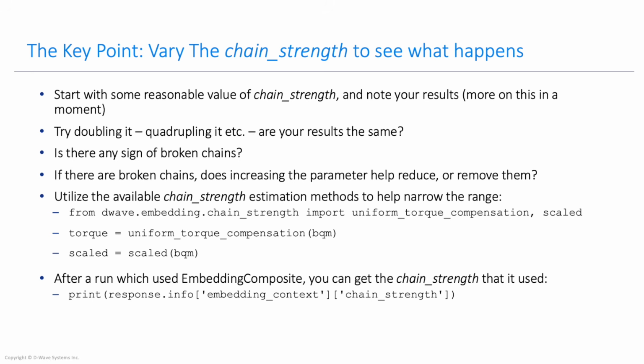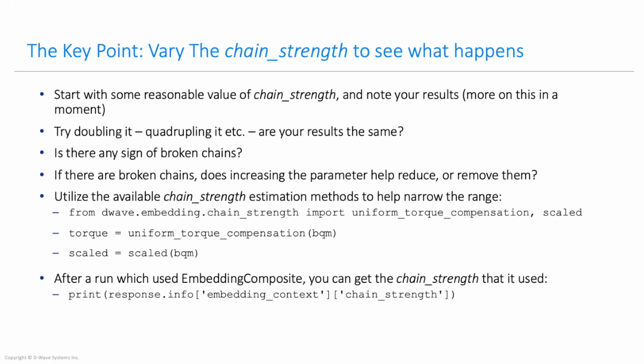And you include this D-Wave embedding chain strength package, and there are two methods called uniform torque compensation and scaled, and those will give you values which indicate an estimate based on some calculation that Ocean does on what it thinks the chain strength might be.